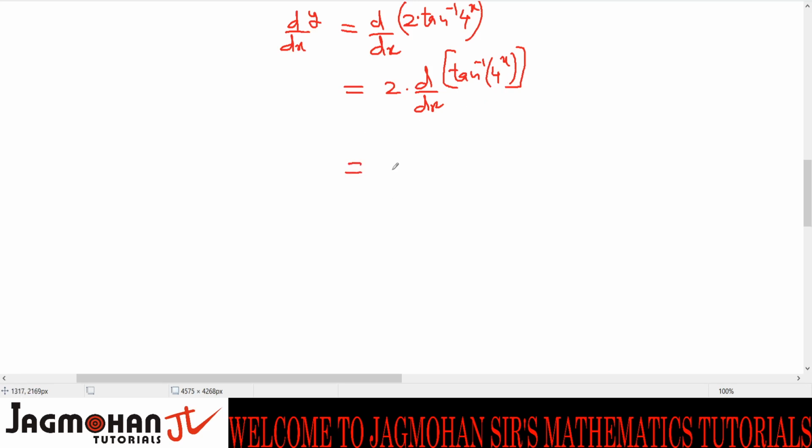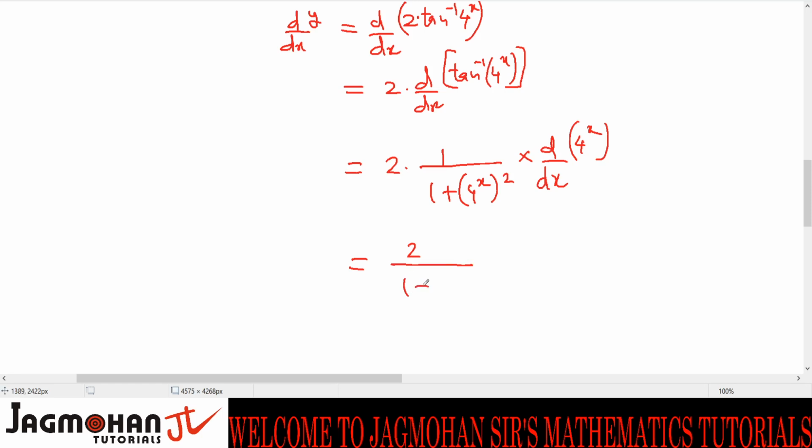So its derivative will be 2 times 1 upon 1 plus 4 raised to x the whole square into d by dx of 4 raised to x. What is d by dx of 4 raised to x? It is 4 raised to x log 4. D by dx of a raised to x is a raised to x log a. So this is 2 upon 1 plus 4 raised to 2x, the power of power multiply, into 4 raised to x log 4.